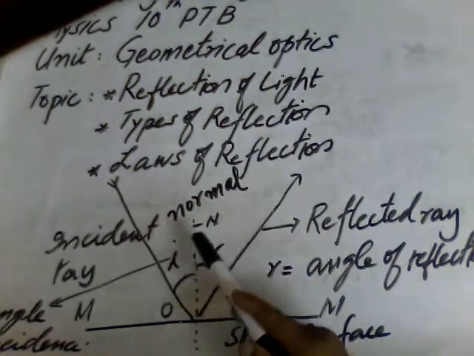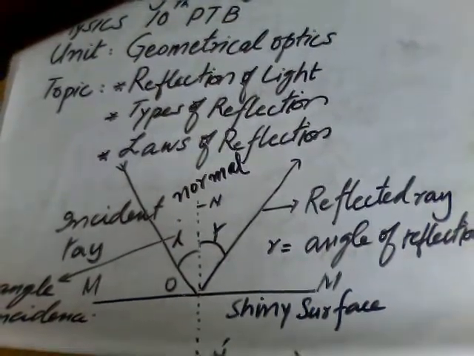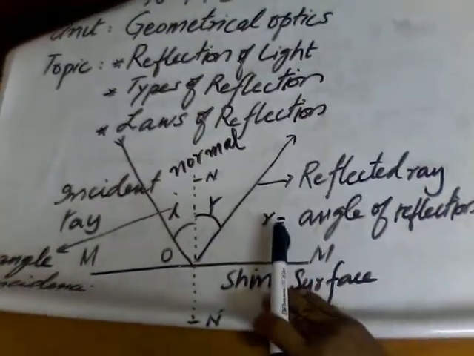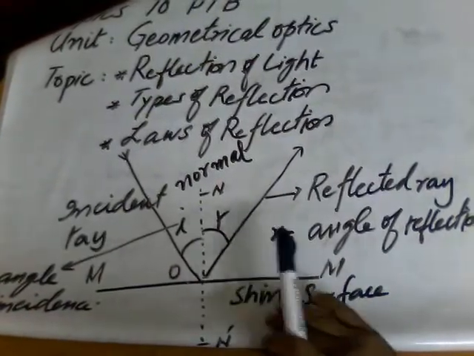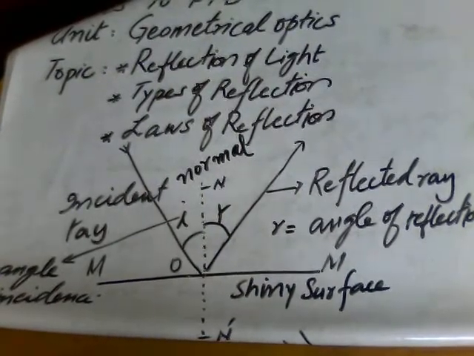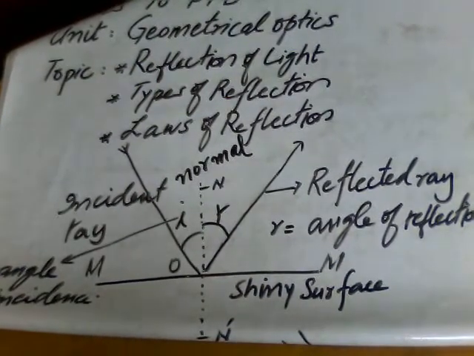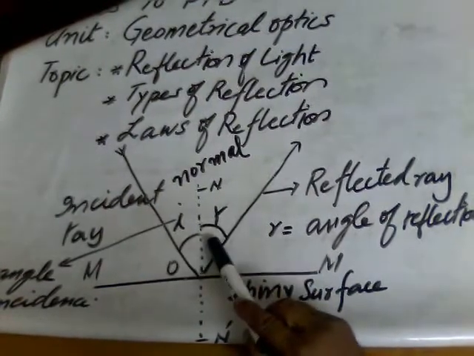Now, N dash represents the imaginary line, and I and R are two angles.